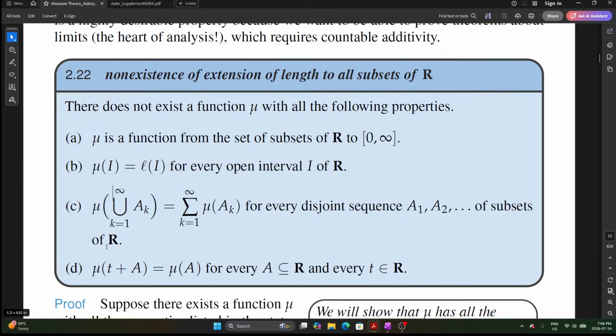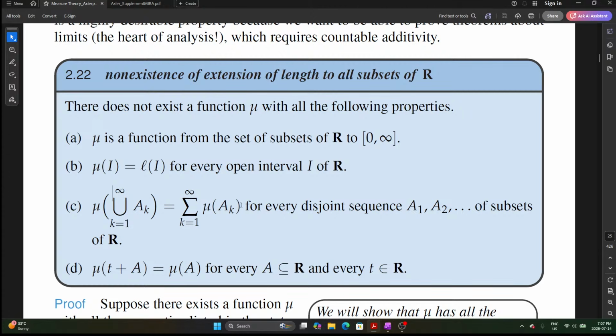So what we decide to do is we keep B, C, D, and instead we give up A, or actually we take a weaker version of A. Because of the existence of so-called non-measurable sets, the construction requires the axiom of choice. This is shown in the proof for the non-additivity of outer measure. There are weird sets in R basically, and we don't want to deal with them.